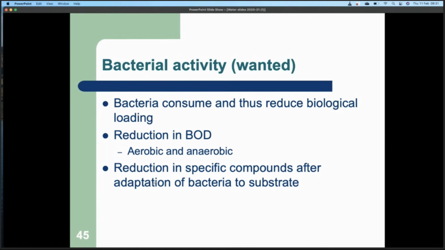There's thousands of different bacteria in there, and they can also adapt. They can mutate to a degree. So if you expose a good mix of bacterial population to a wastewater and you give it time, then there's a good chance that the bacteria will adapt or specialize to treat whatever you have. But all that takes time.